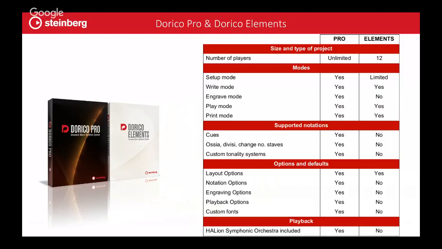You still get the Halion Sonic SE3, and that will still have a decent set of instruments in there. And of course, there's a GM set of everything in there, but you won't have the extra HSO. And you can, of course, now use NotePerformer if you wanted to for playback. So there's some differences in there. But for all the things that we haven't managed to cover today, you can read about things on the blog.